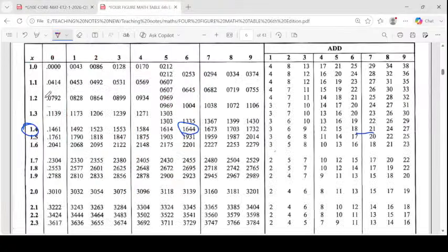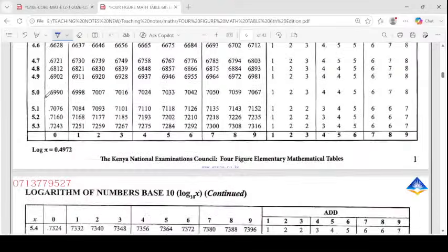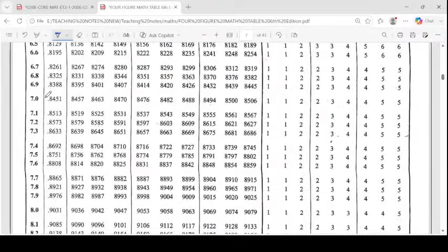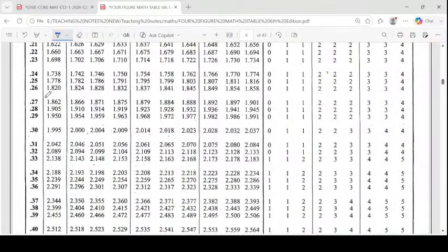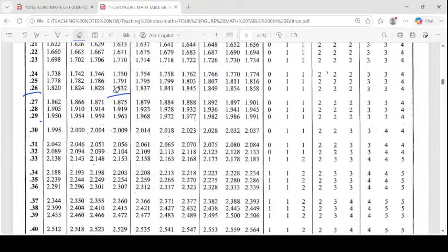Let's go to the antilog. 0.2634. 0.26 is here. 1834, 0123 is here. 3 is here.